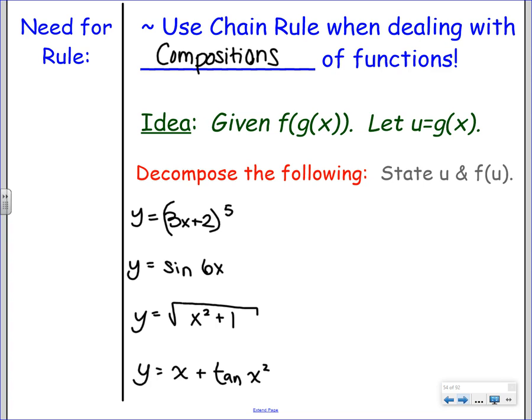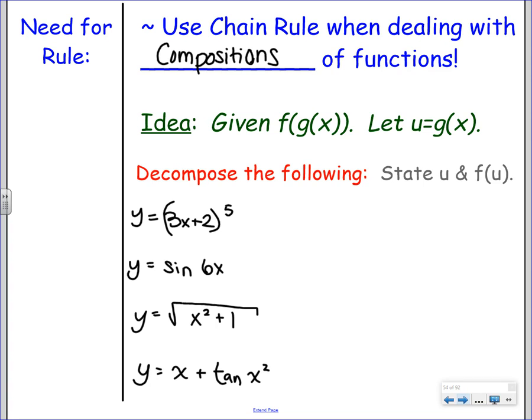The chain rule can be applied when we're dealing with compositions of functions. And you guys remember compositions, right? f of g could be f of g of h, could be f of g of h of j of x. So I'm writing f of g, but it could be f of g of h of, and keep on going. But I'm writing f of g.